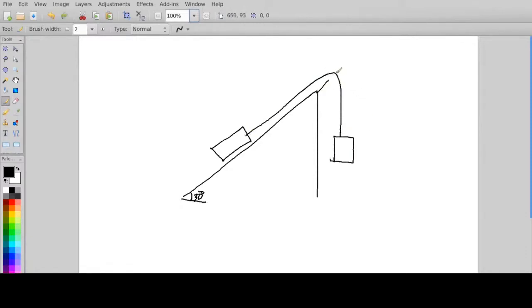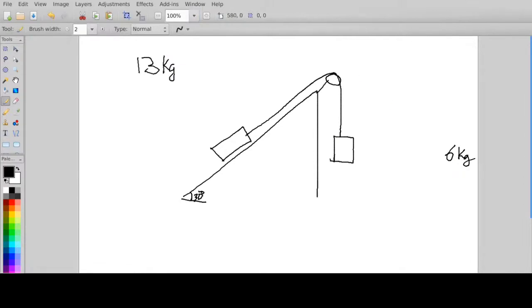Let me try that again. Okay, good enough. Now you can see that the 6 kilogram is trying to pull the 13 kilogram uphill. This is the 6 kilogram over here, and this is the 13 kilogram over there. So that's our first step.